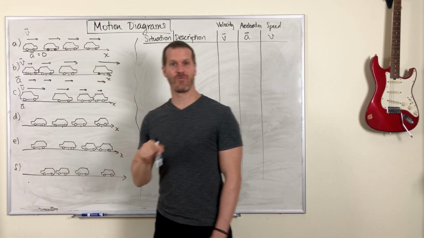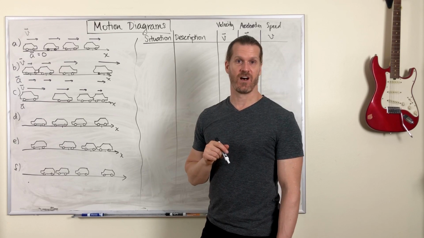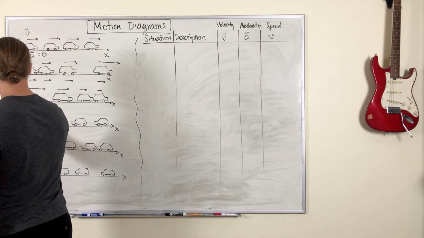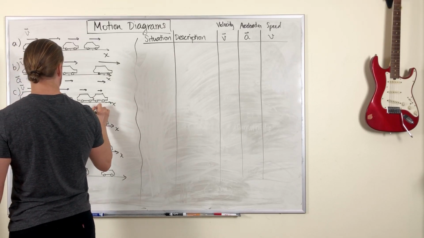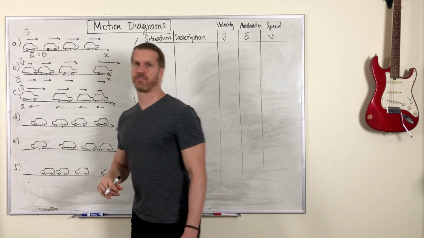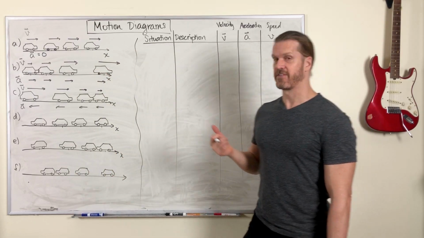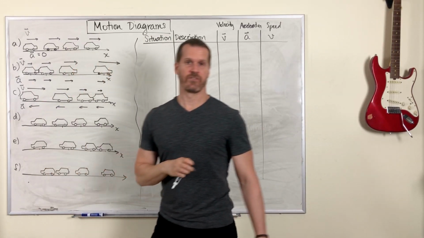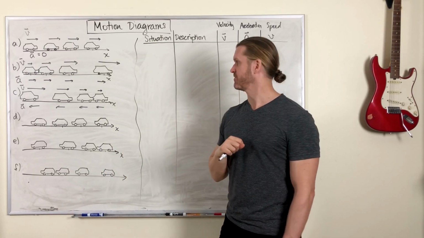Because the car is slowing down, that must mean that its acceleration vector points in the opposite direction to its velocity vector. So the acceleration vector at each instant in time for this car points to the left. And we'll assume that it has a constant magnitude. These arrows are all the same length, but they point opposite the direction of the velocity.